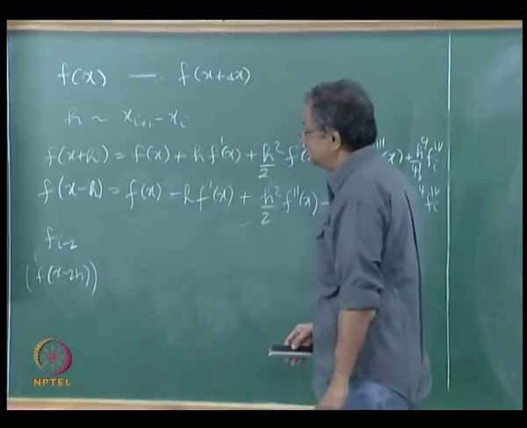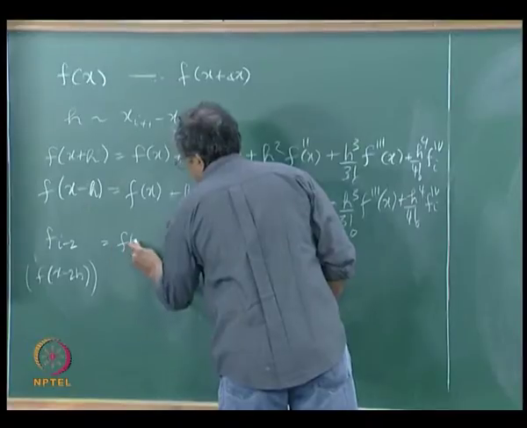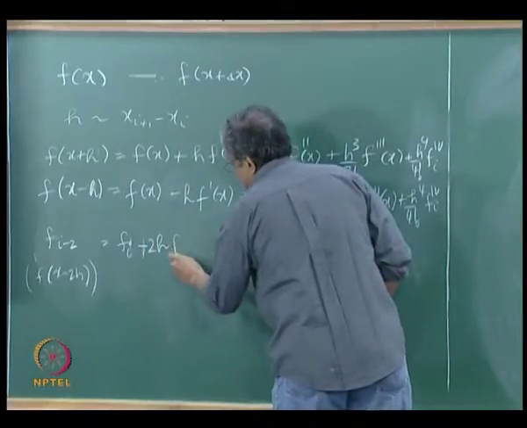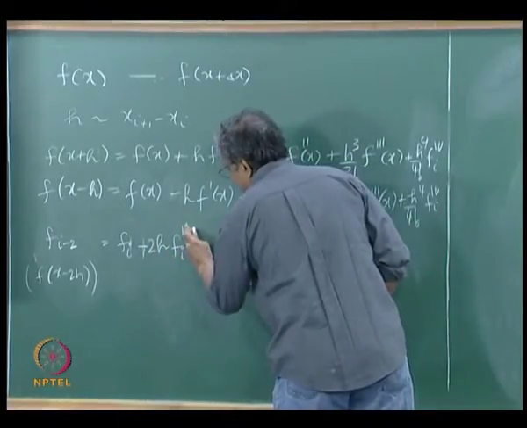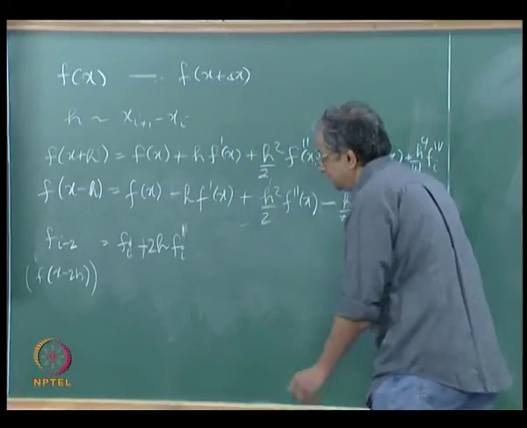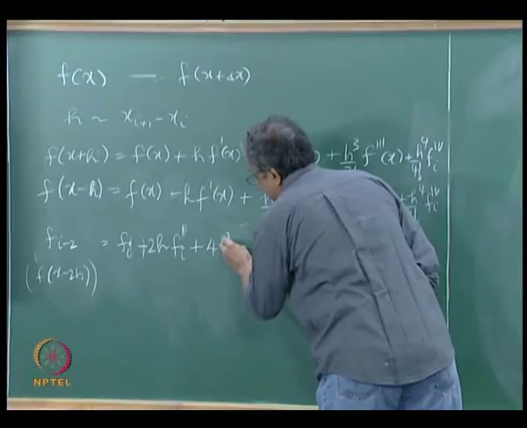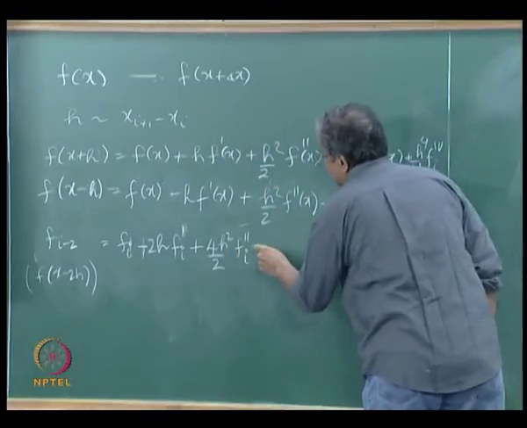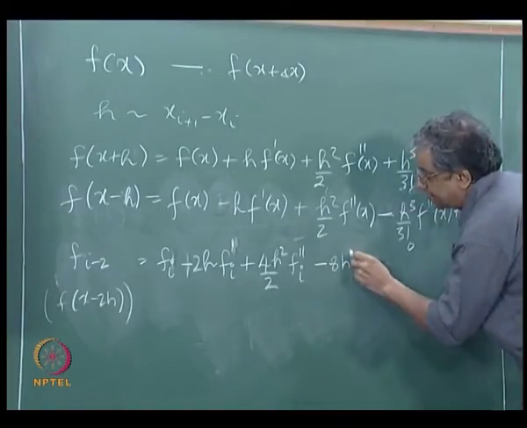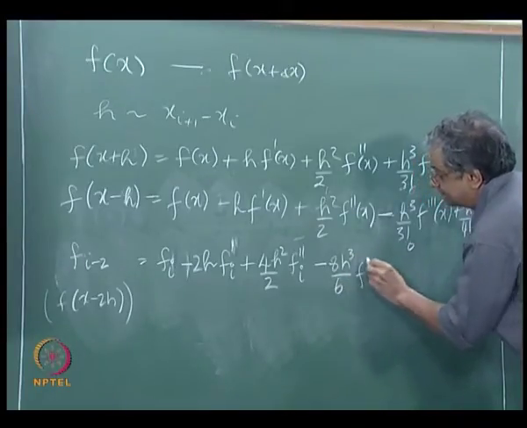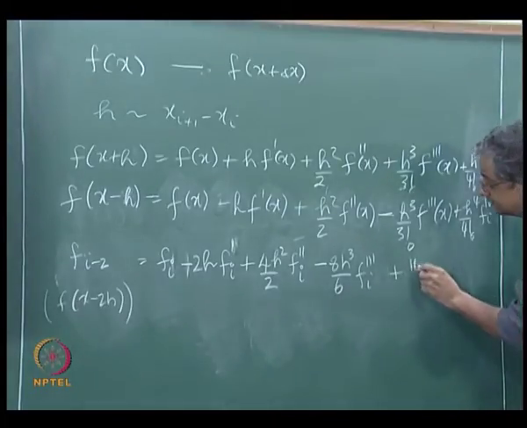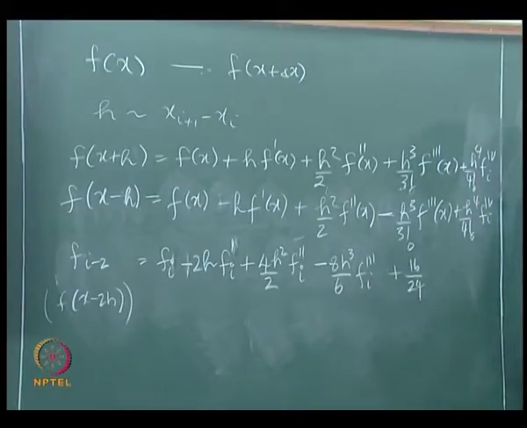F of I minus 2 is f of I minus 2h first derivative at I, I make a lot of mistakes, plus 4h squared by 2 second derivative at I, minus 8h cube by 6 third derivative at I, plus 16 by 24, that is 4 factorial, fourth derivative at I, and so on.